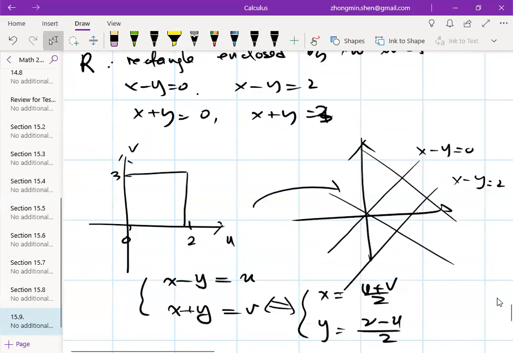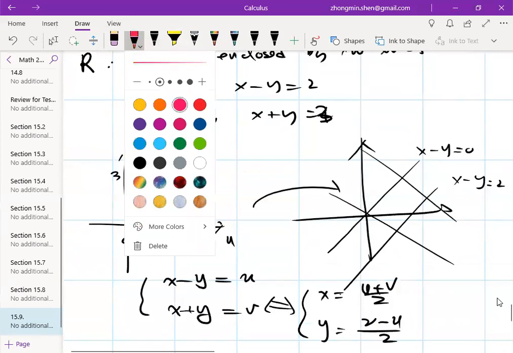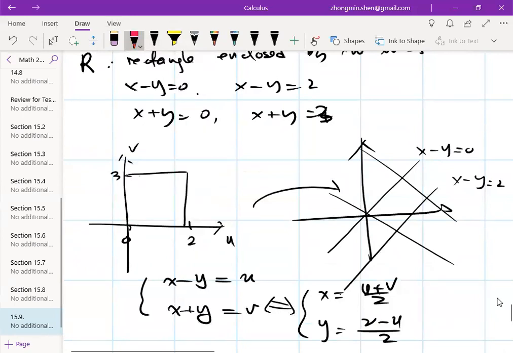Okay, so let's look at the picture here. If you fix u, then you get a bunch of lines like this. For each line, u is fixed and v changes, where x minus y equals u is going to be this line.